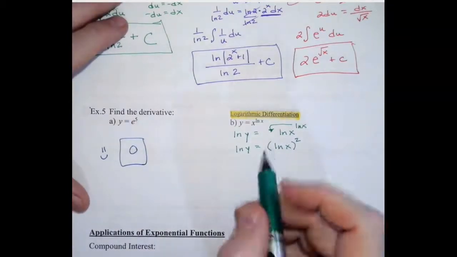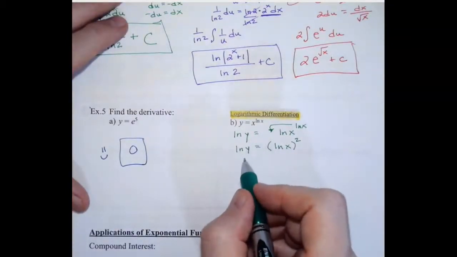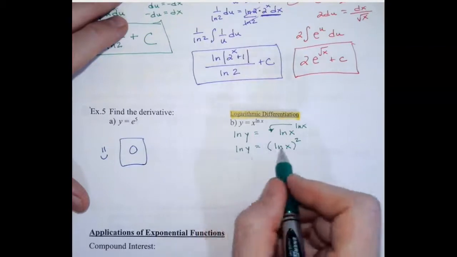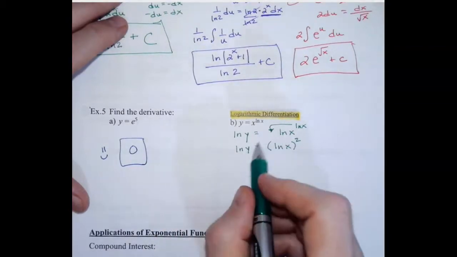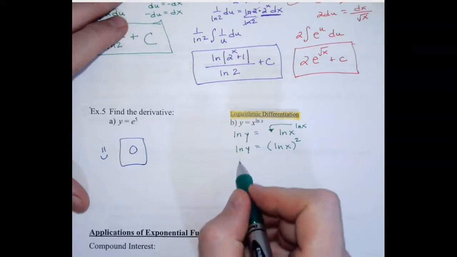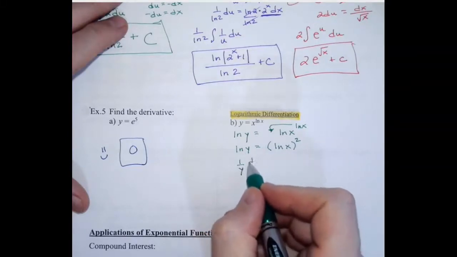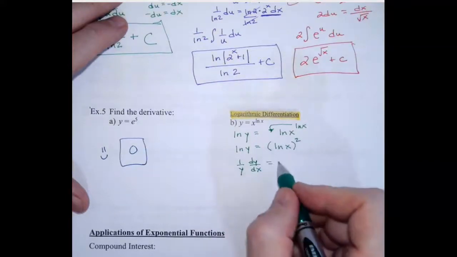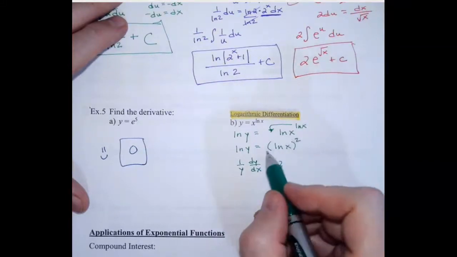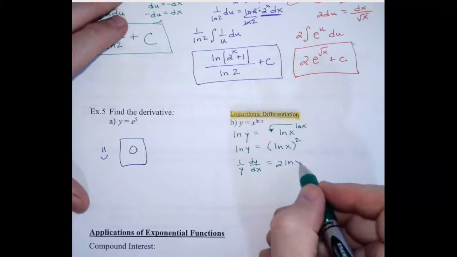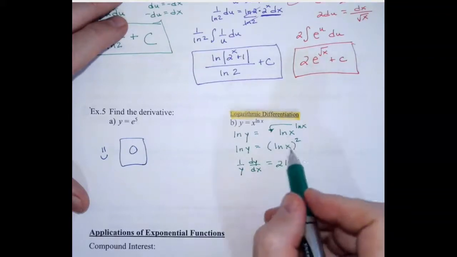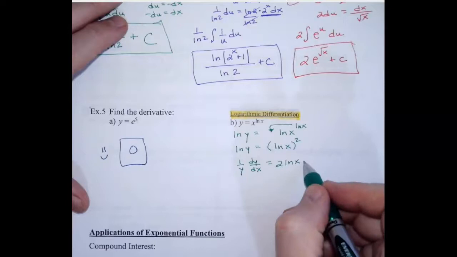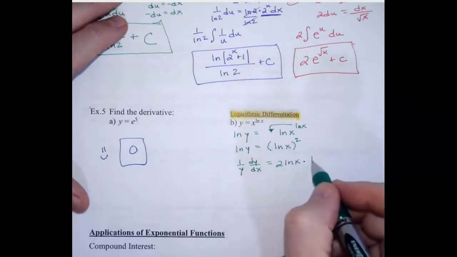Now if we take the derivative of that, this is implicit differentiation, so the derivative of this side is going to be 1 over y dy dx. The derivative of this side, you bring the chain rule here, so you bring the 2 down and subtract 1 from the exponent, and then you do the derivative of the inside. The derivative of the natural log of x is 1 over x.